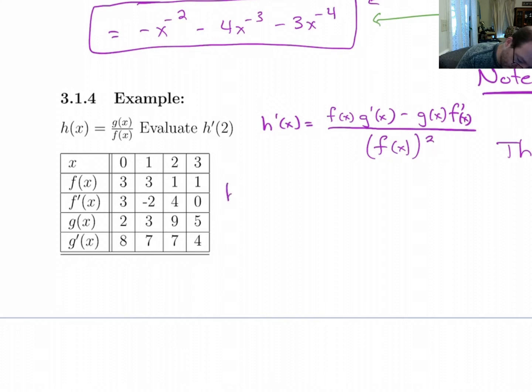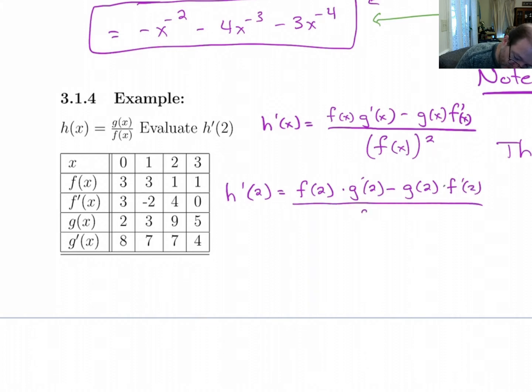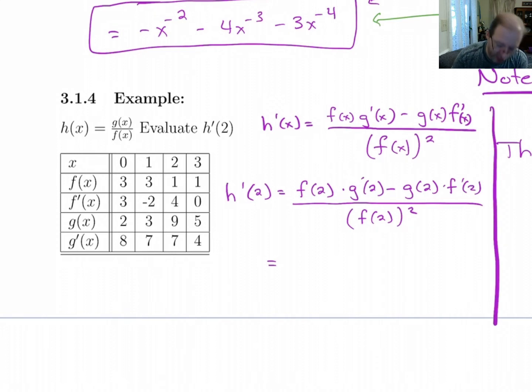All right, so h prime of 2, that's going to be f of 2 times g prime of 2 minus g of 2 times f prime of 2 over f of 2 squared. And we'll just have to pull the numbers out of this chart.